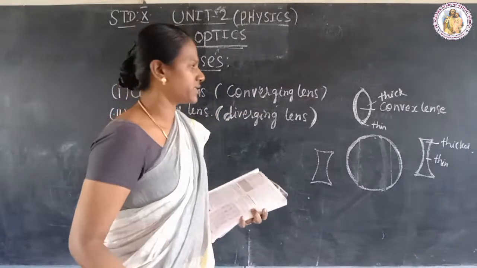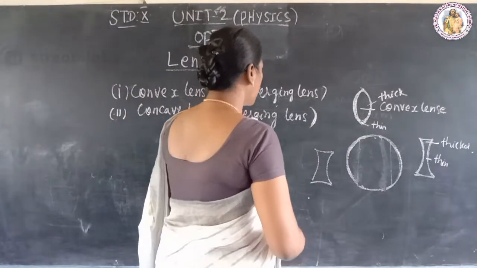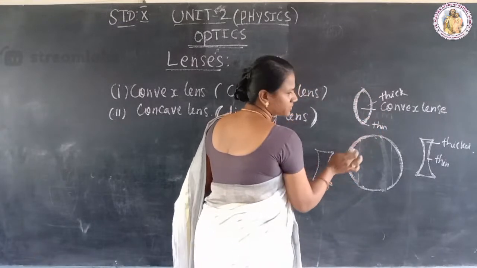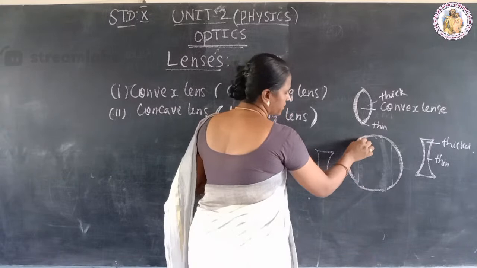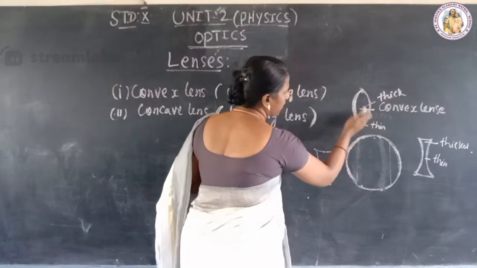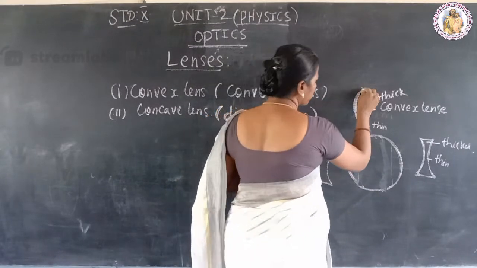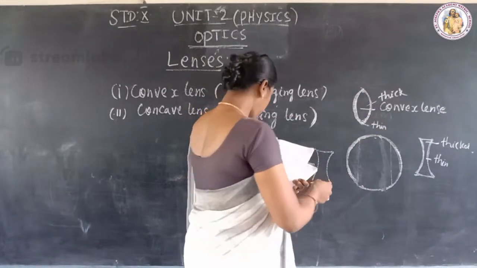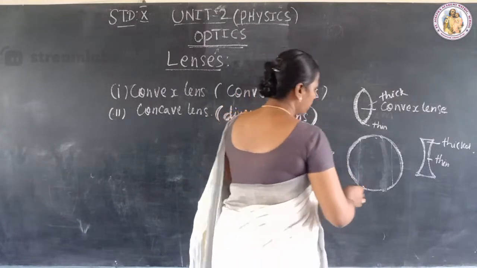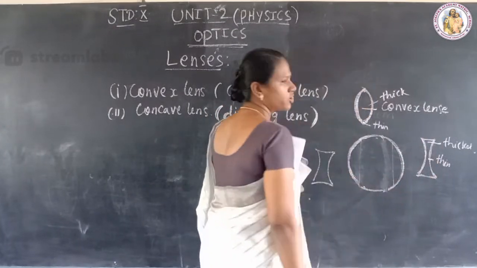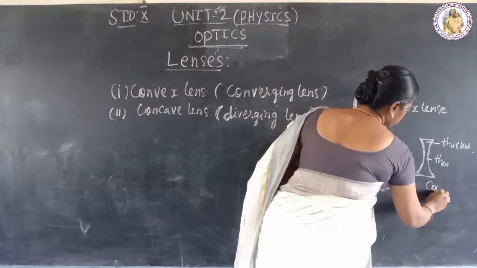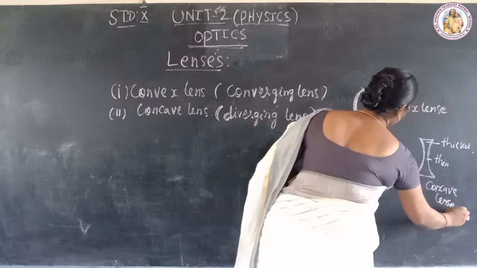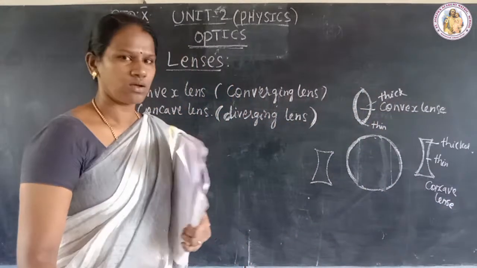If the spherical surface is curved outward, that is a convex lens. If the spherical surface is curved inward, that is a concave lens.